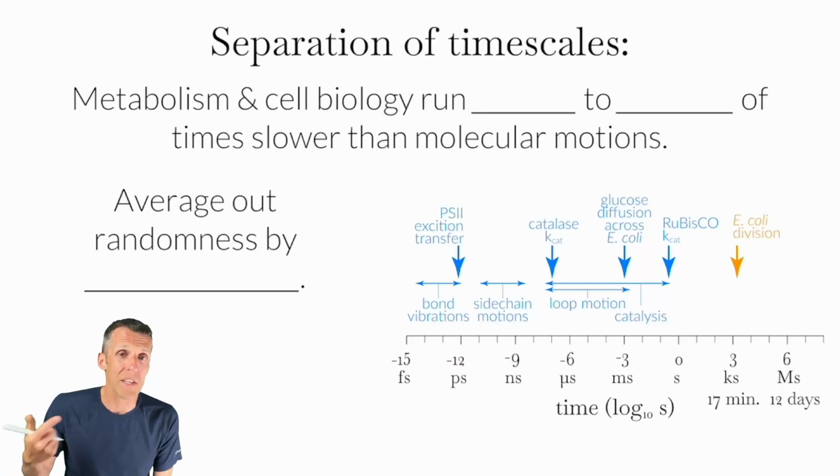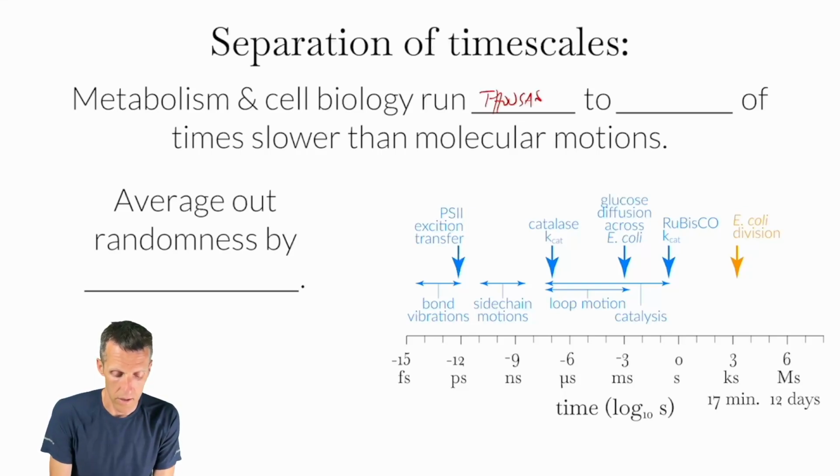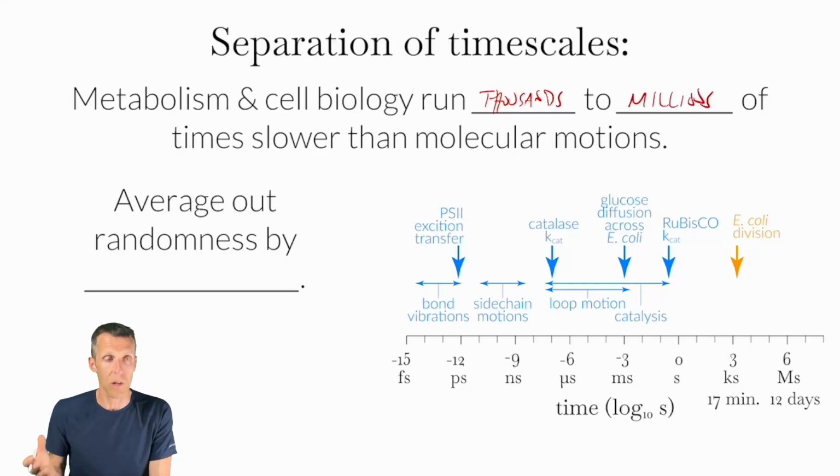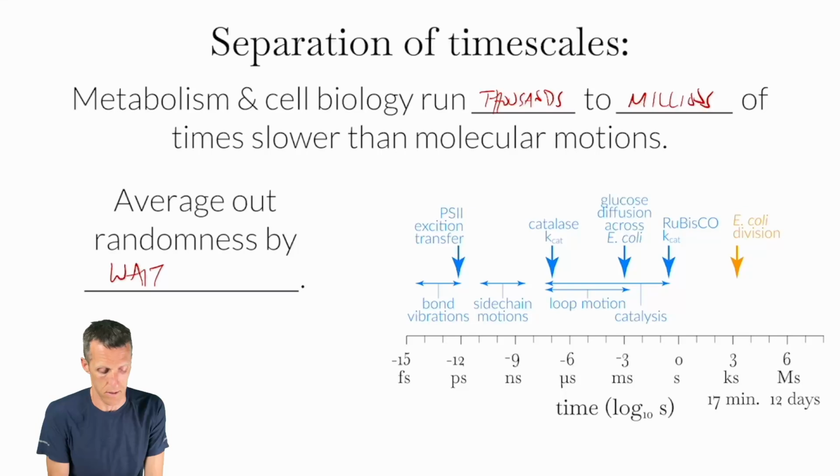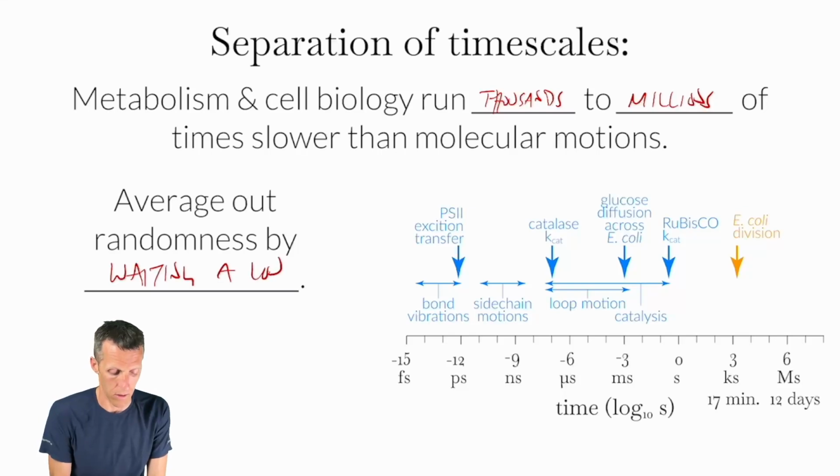What this illustrates is this idea of the separation of timescales, which basically says that metabolism and cell biology run thousands to millions of times slower than molecular motions. And that cells can actually overcome the problem that we face here. They average out the randomness by waiting a long time.